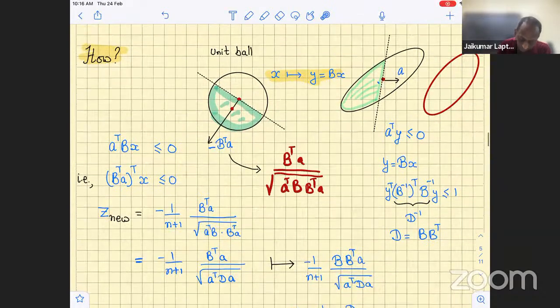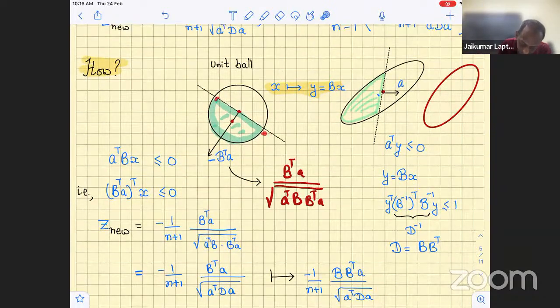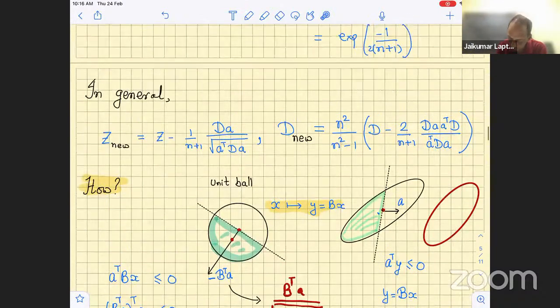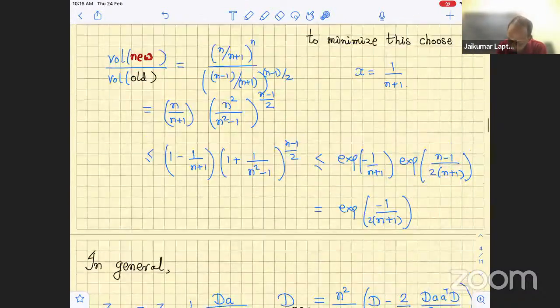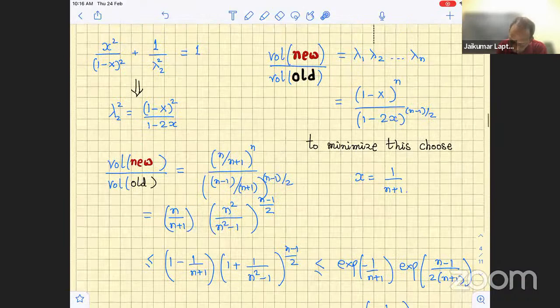And this ellipsoid has a volume which is smaller than the outer ellipsoid by a factor of e to the power minus 1 over 2n plus 2.